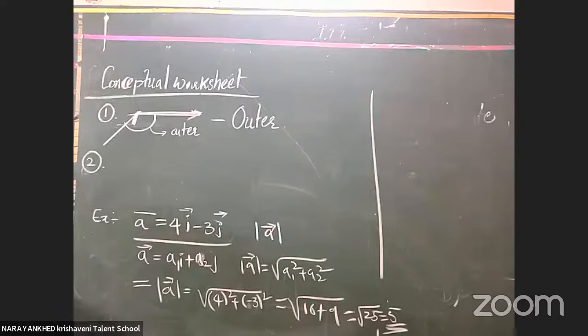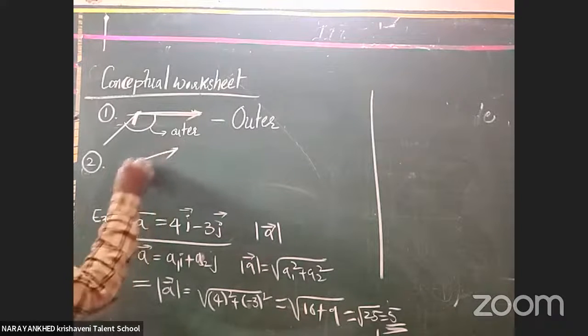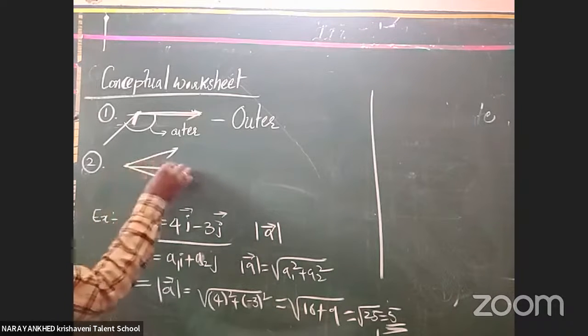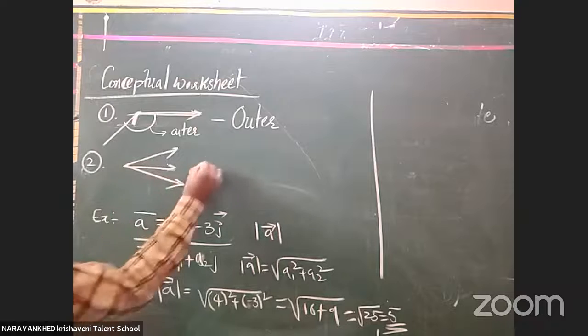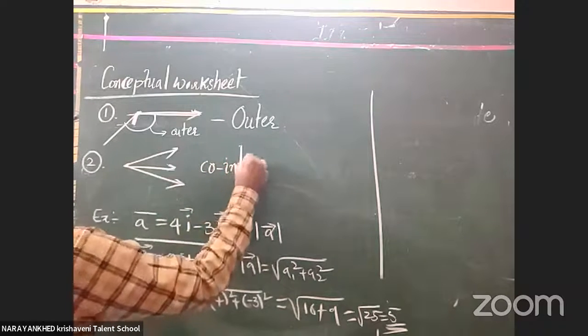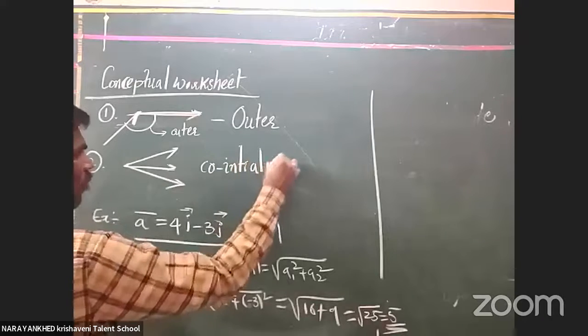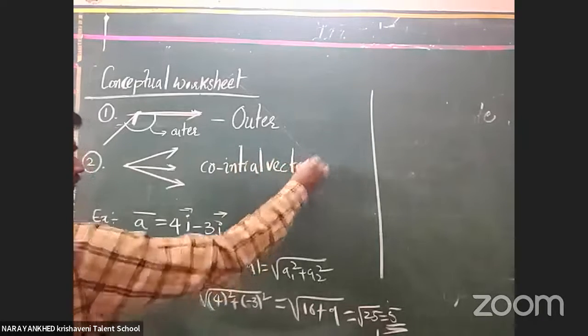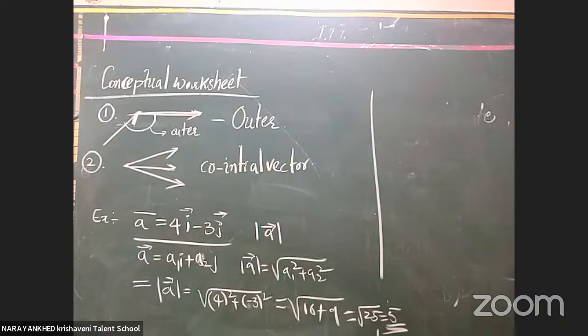Such vectors are called co-initial vectors or co-current vectors.